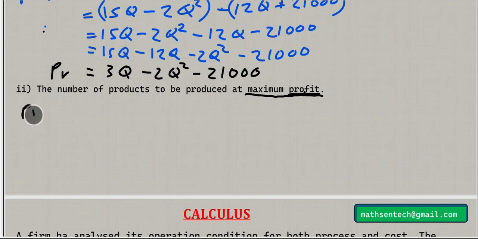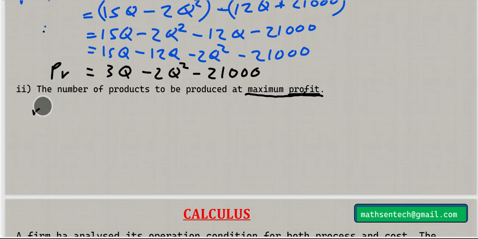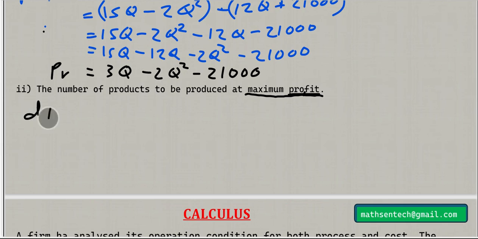So dPr by dq, remember the symbol for differentiating, is equal to 3 minus 4q. That's what you get by differentiating this profit function.